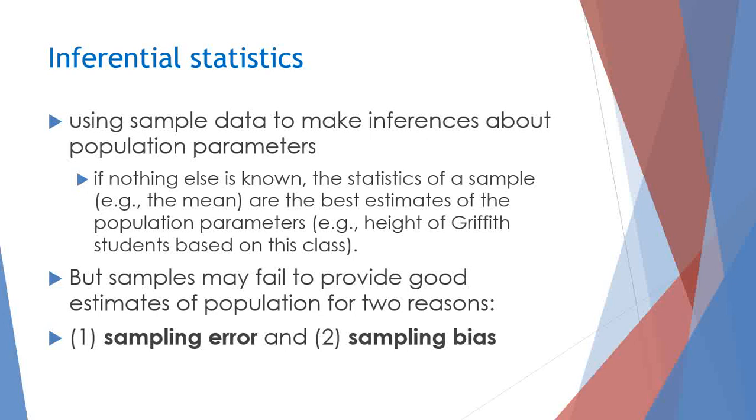But samples may fail to provide good estimates of the population for two reasons. One is sampling error. So you just purely use dumb luck. You happen to sample the wrong participants and you got either an inflated score or a deflated score. The other is sampling bias, and we'll be covering both of these issues.